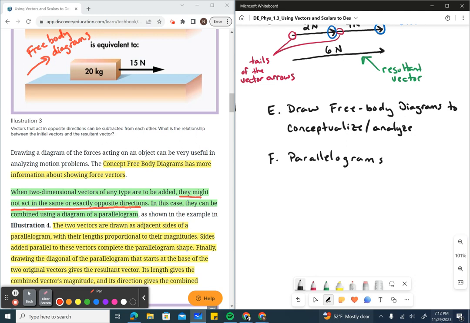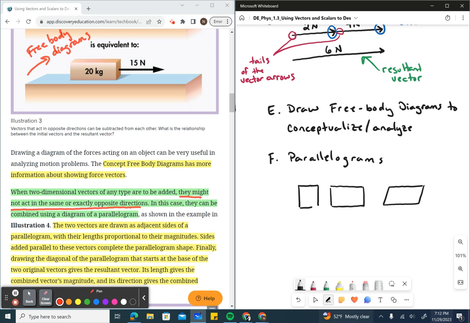You may say that a box is a parallelogram. You may say that a rectangle is a parallelogram. And parallelograms can also be at angles. These are all examples of parallelograms.